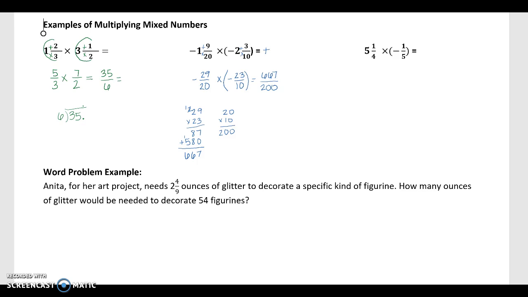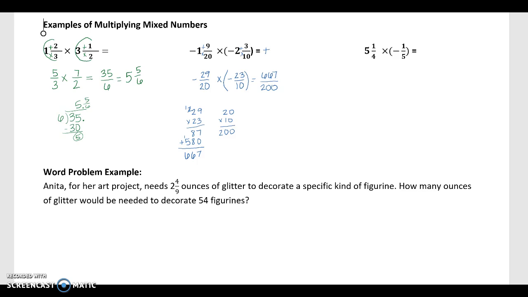So 6 times 5 is 30, and so my remainder is 5. So 5 becomes my numerator, and I keep my denominator. So it is equal to 5 and 5/6. To check it, you could turn it back. So 6 times 5 is 30 plus 5 is 35.